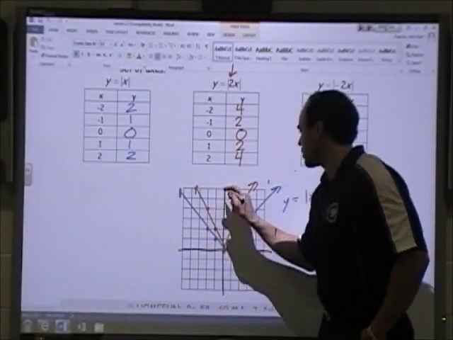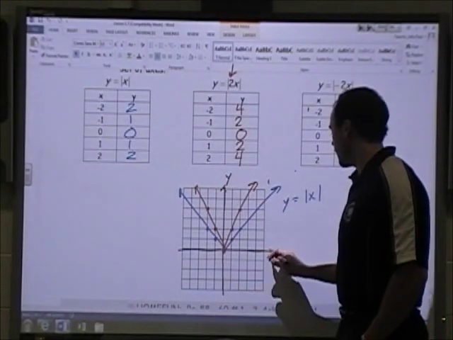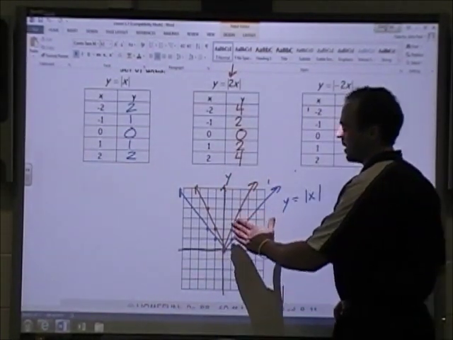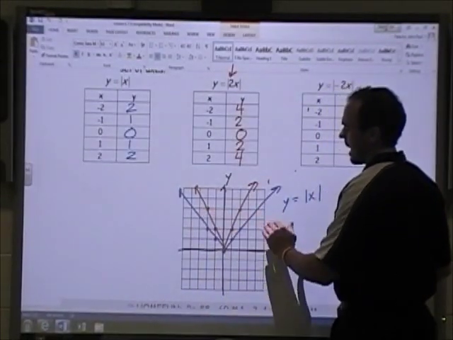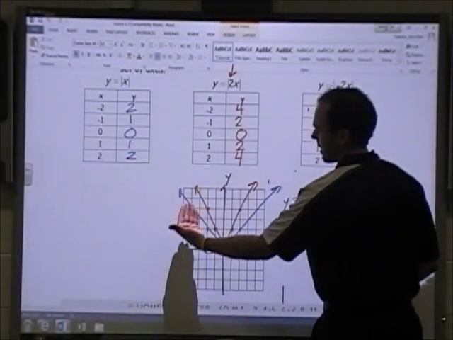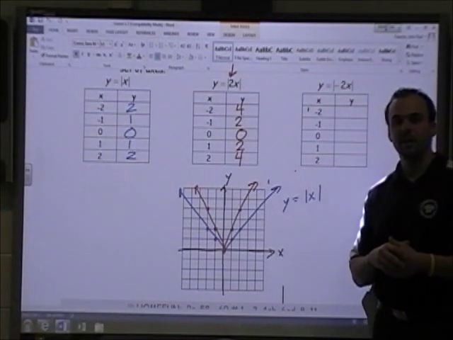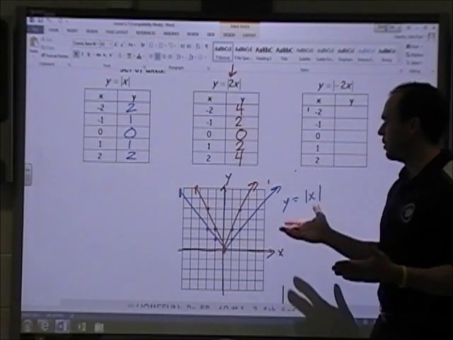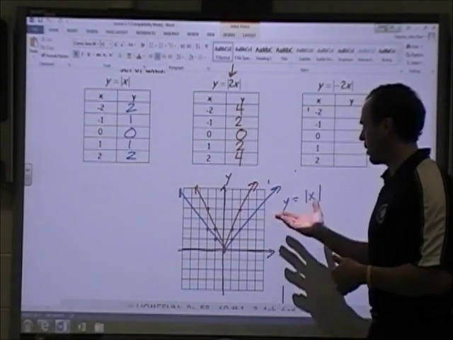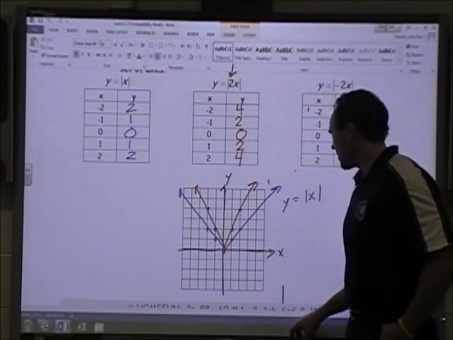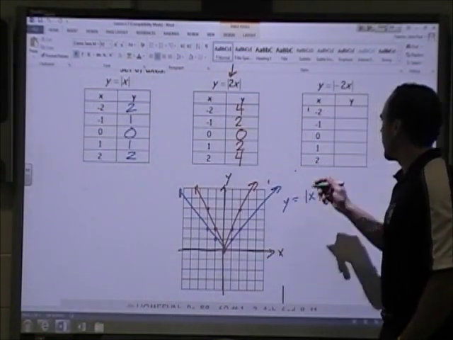Now what's pretty funny in this instance, also with the instance of a parabola, is that if you reflect an absolute value on the y-axis, whatever's on this side goes to that side, and this side goes to that side, you're going to end up with the exact same absolute value picture, because they already are perfectly symmetrical on the y-axis. So let's take a look at that one, and we'll do this one in green.